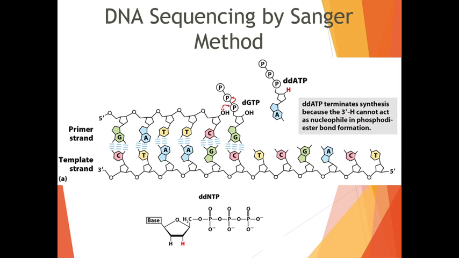This figure shown here explains how a DNA synthase works and how this can be applied to sequencing DNA. Now, there are two strands here. One is a template strand and another one is a primer strand. The template strand is the strand that one wants to sequence.